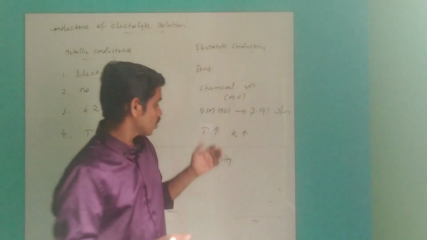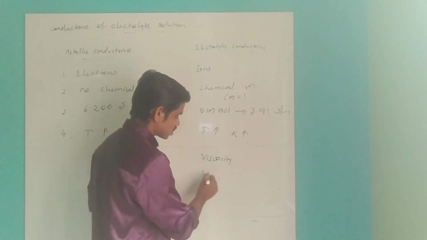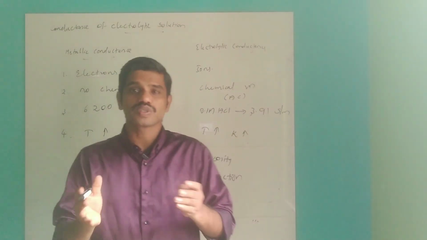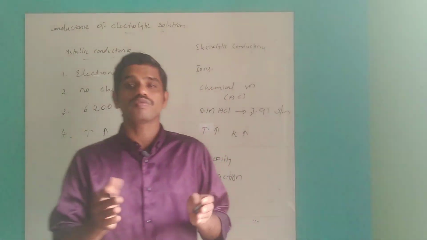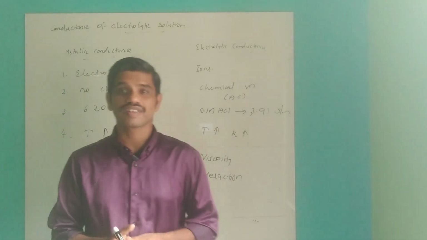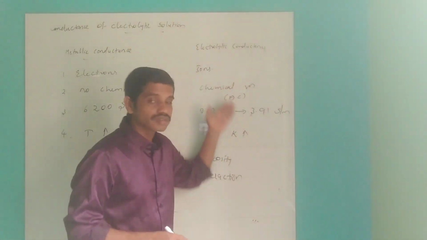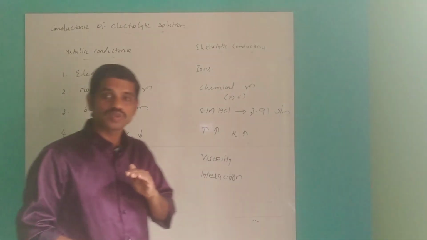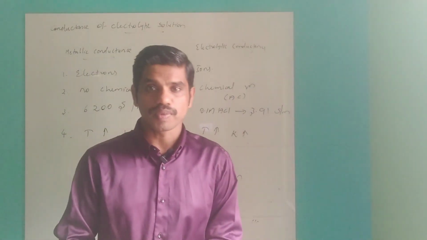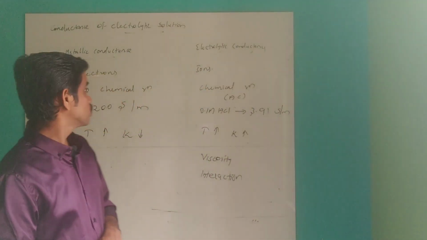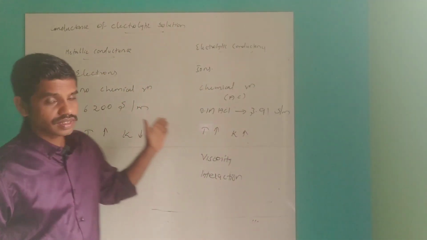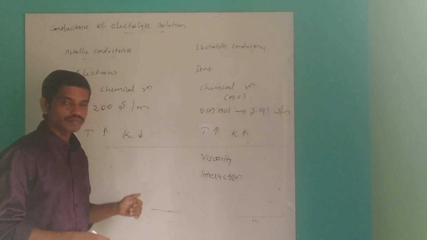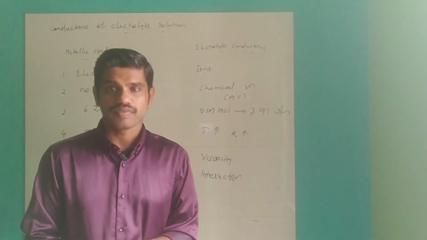Then a lot of interactions come in: ionic interaction, solute interaction, solvent interaction, solute-solvent interaction. Everything matters for electrolytic conductance. But in metallic conductance, no such variations come. So these are the differences between metallic conductance and electrolytic conductance.